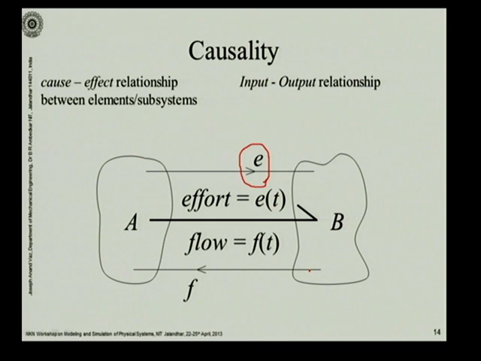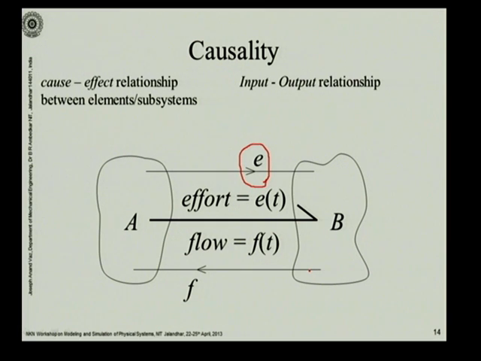That means it should provide the complement of power. So here in this case, if effort is determined by A, flow has to be determined by B. Only then it will be possible for us to have a physical system. Only then it will be able to obey the laws of physics.